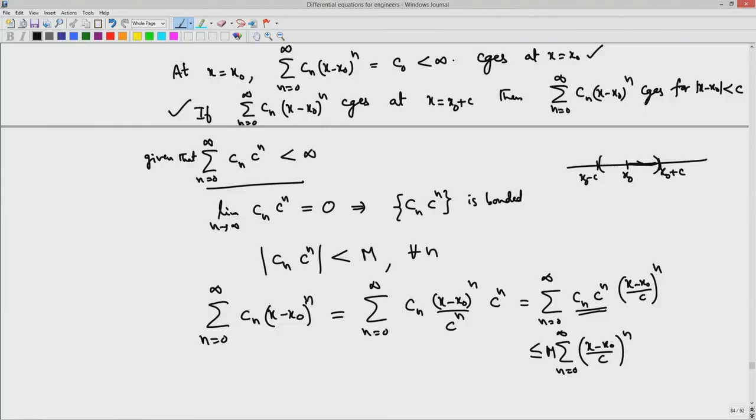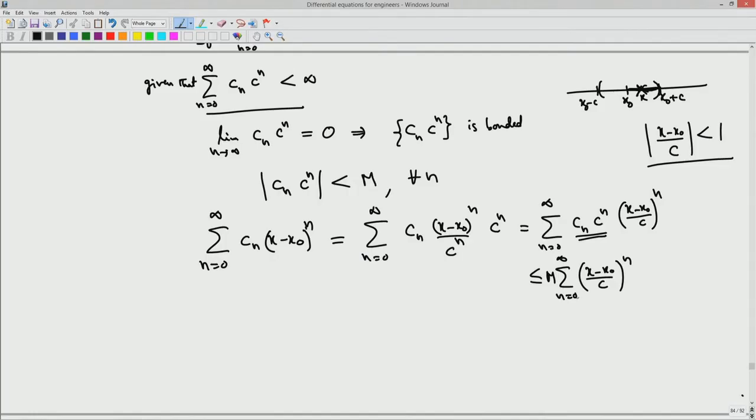If x is here, the absolute value of x minus x naught divided by c is always less than 1. You can easily see that. So, x is here, and x minus x naught is this distance. This distance is always smaller than c, so the ratio is always less than 1.